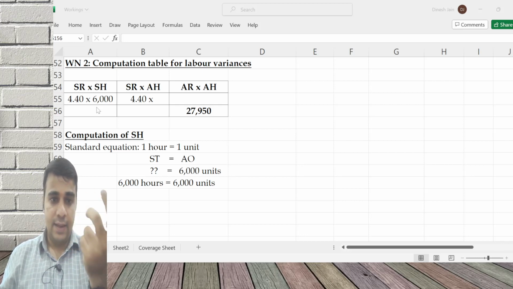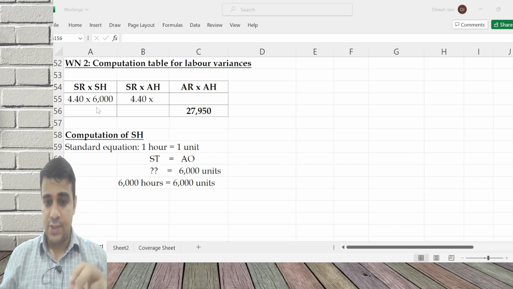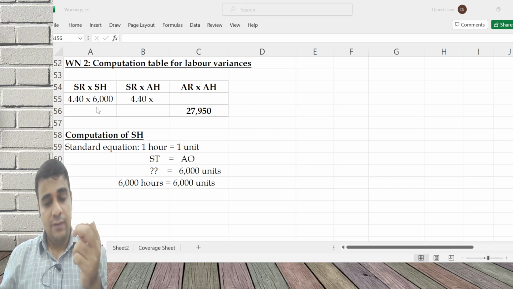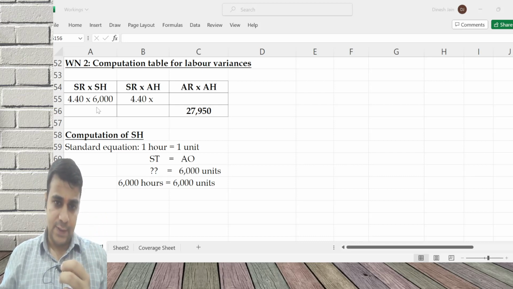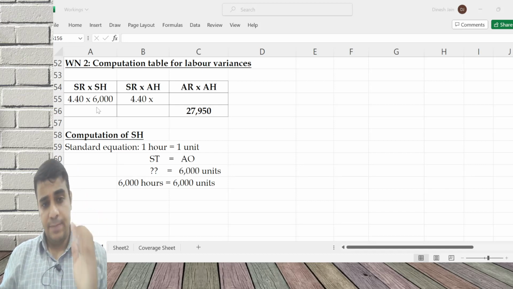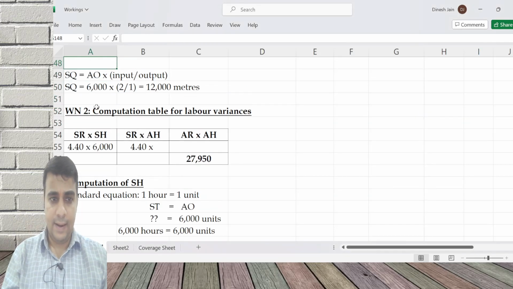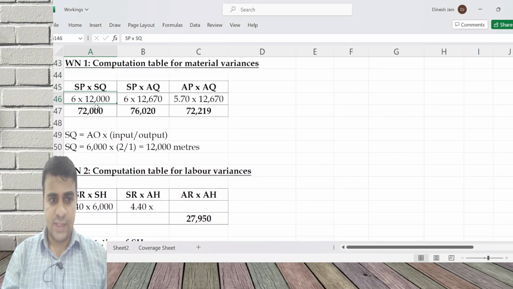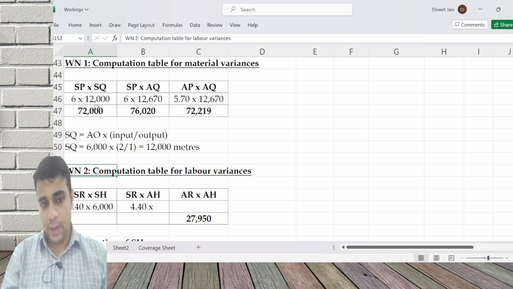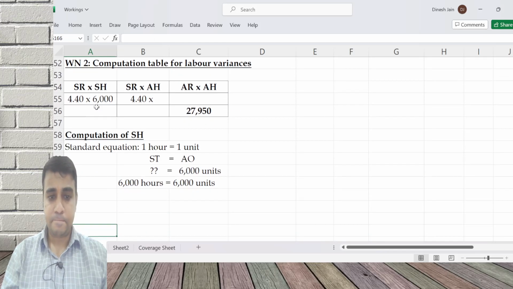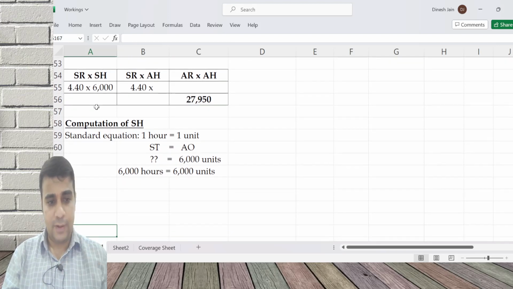In case we are able to complete that, we'll be able to close this. In an exam situation, once this table is done, you will calculate all variances, and for labor you have to leave space to do the labor variances.